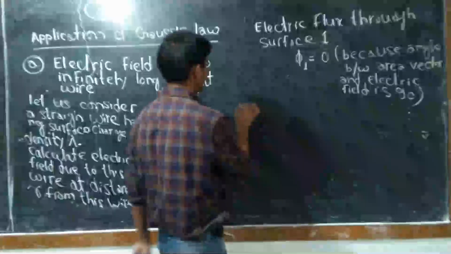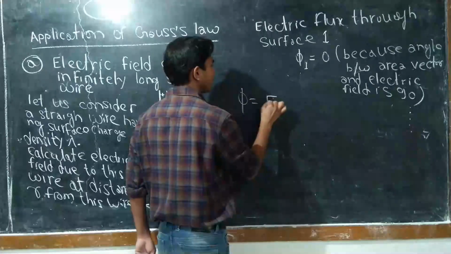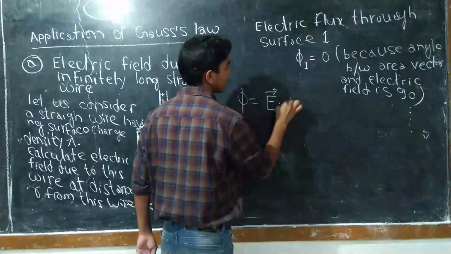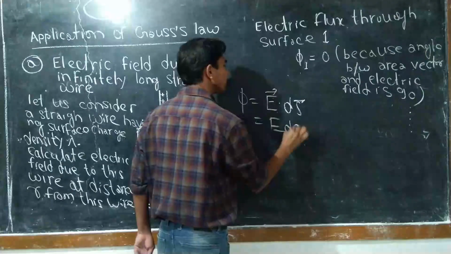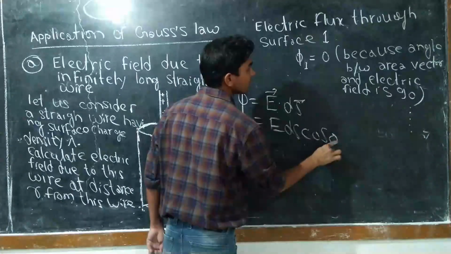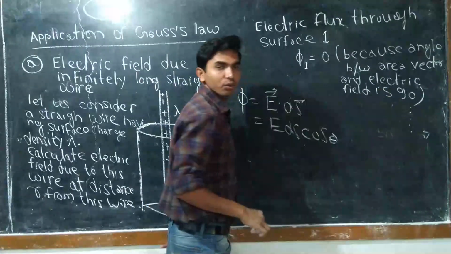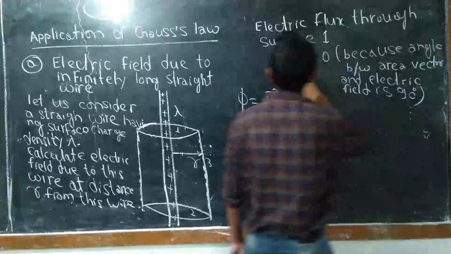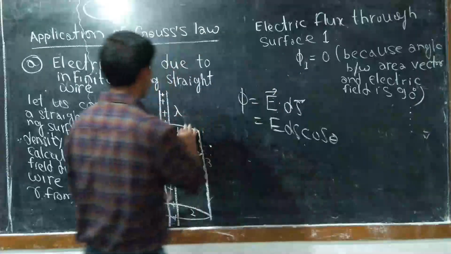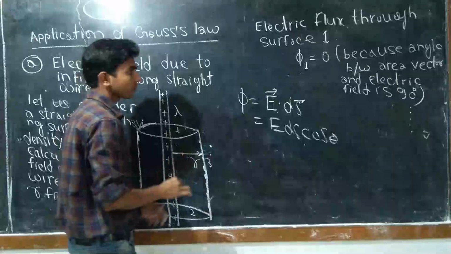You know the formula, electric flux is E dot ds, and the dot product is E ds cos theta. Theta is 90 degree, so cos 90 is 0, right? So there will be no electric flux through this surface.